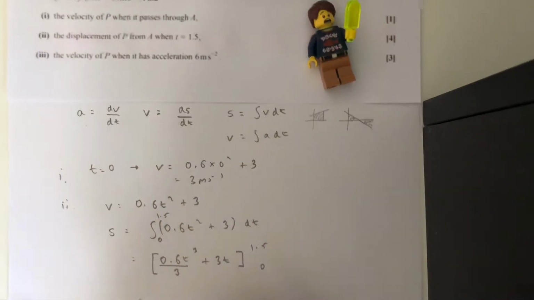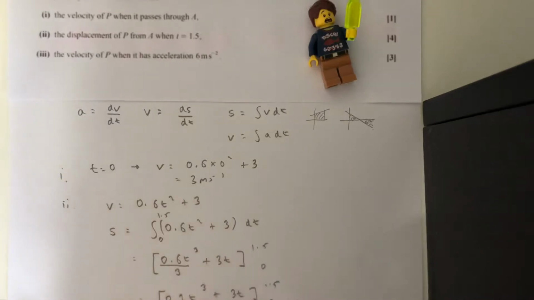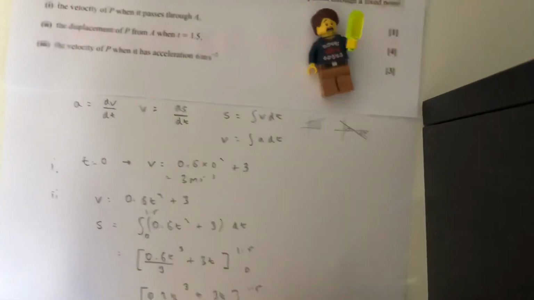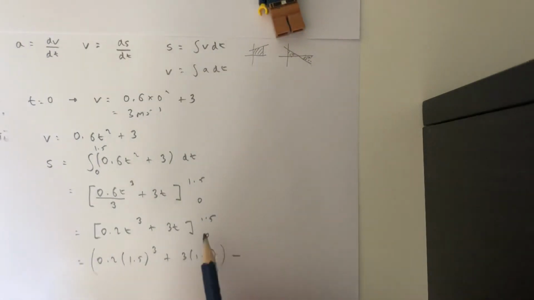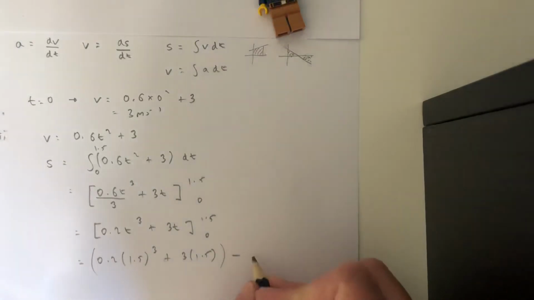So 0.6 divided by 3 gives me 0.2 t cubed plus 3t between 1.5 and 0. If I substitute those in, I've got 0.2 lots of 1.5 cubed plus 3 lots of 1.5, and then I'm going to take away 0, because 0 cubed is 0 and 3 times 0 is 0.